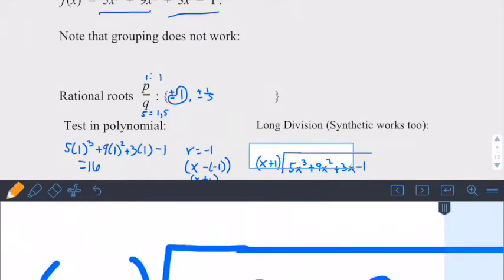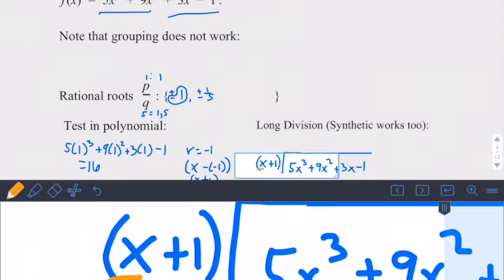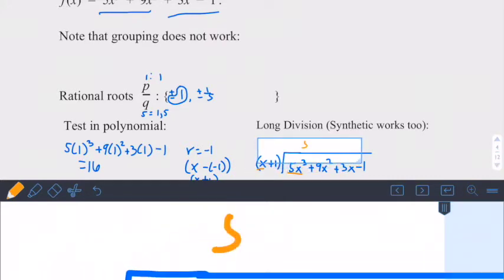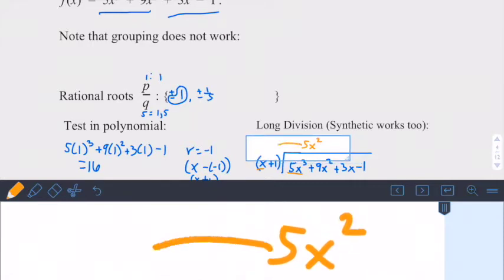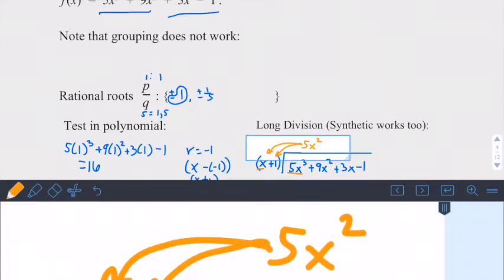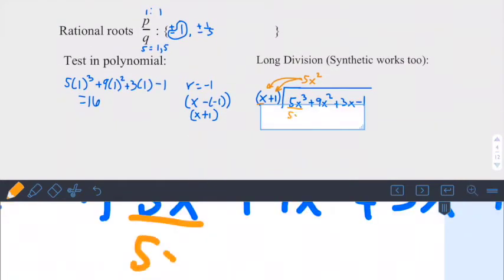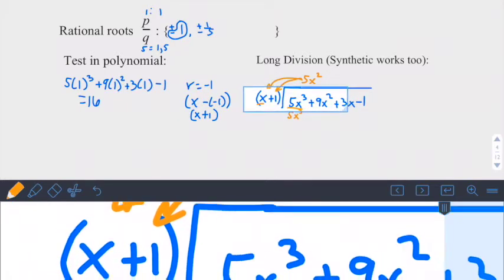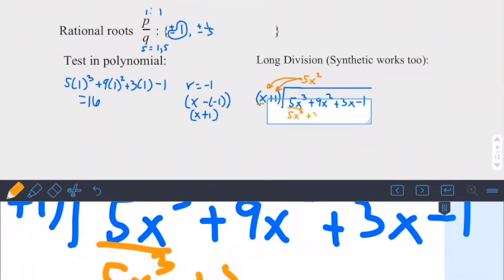So remember, we need to multiply this x to get 5x cubed. So I'm going to multiply it by 5x squared. And I distribute that through. So 5x squared times x is 5x cubed, and 5x squared times 1 is 5x squared.